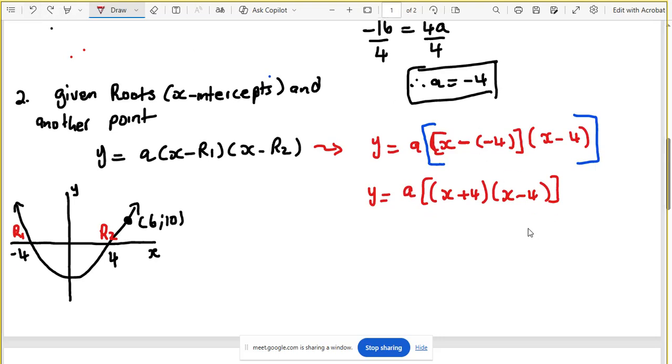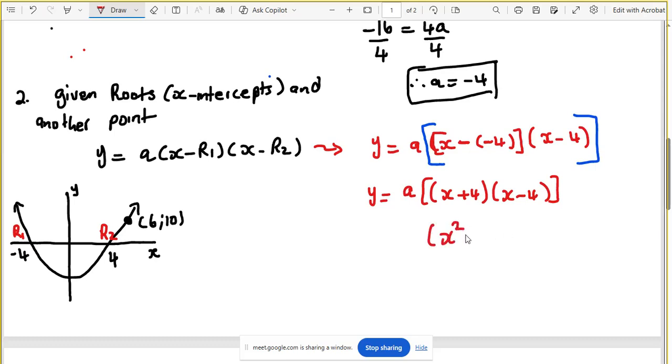We're going to multiply out the bracket. Yes. So x times x is x to the power of 2, and so on.